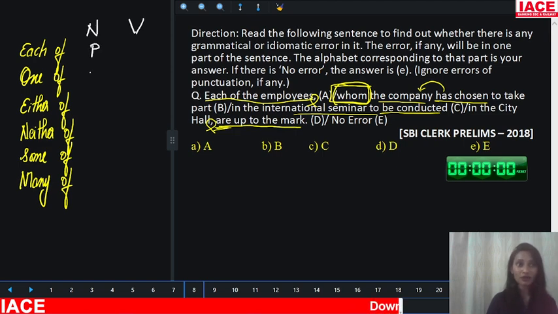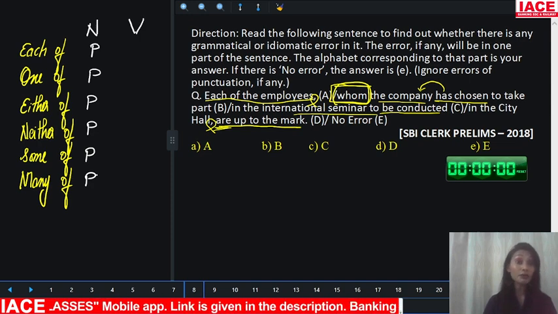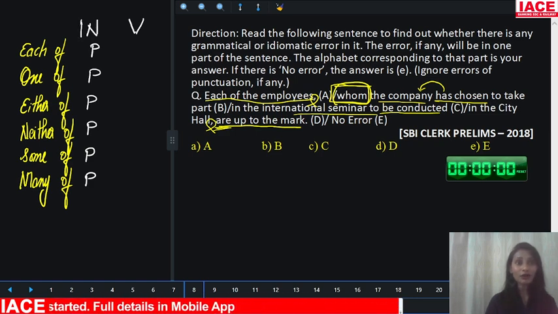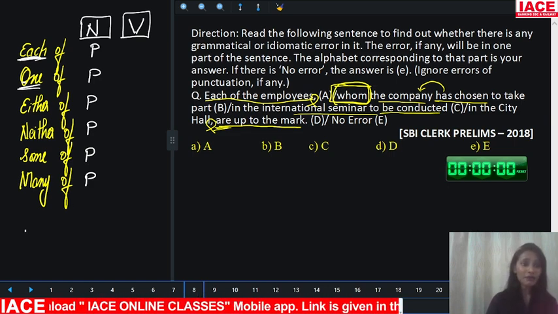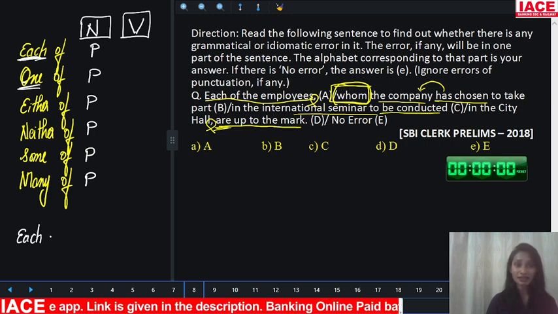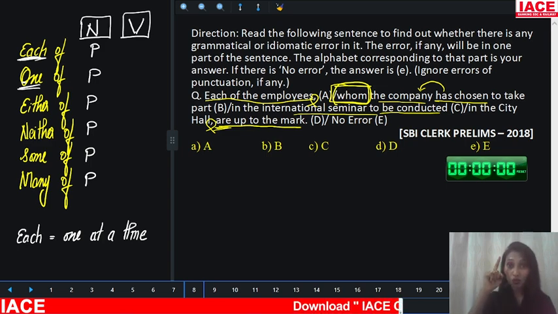Each of the employees, one of the students, either of the friends, neither of the girls, some of the boys, many of the students, always a plural noun. But the verb depends upon the number of the actual subject. Here the subject is not this noun. What is the subject of the sentence here? Each. Here one. One means single. So what does each mean? Do you remember? Each means one at a time. Each, every, either, neither: distributive pronouns expressed one at a time.